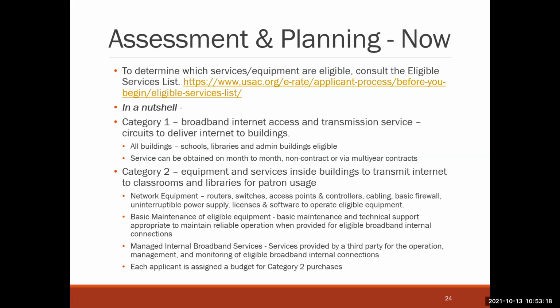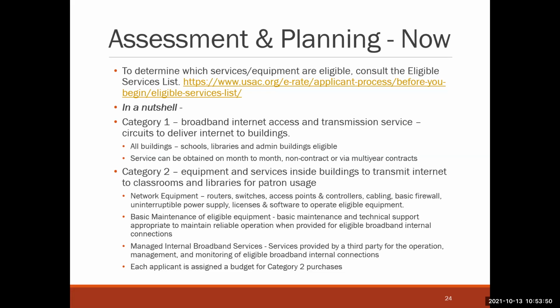Category 2 is limited. Admin buildings are not eligible for category 2. It's only the school and library buildings, to transmit internet to classrooms and for libraries to have it available for patron usage. There are 3 subcategories under category 2. There's network equipment, and that's all listed there, and basic maintenance.